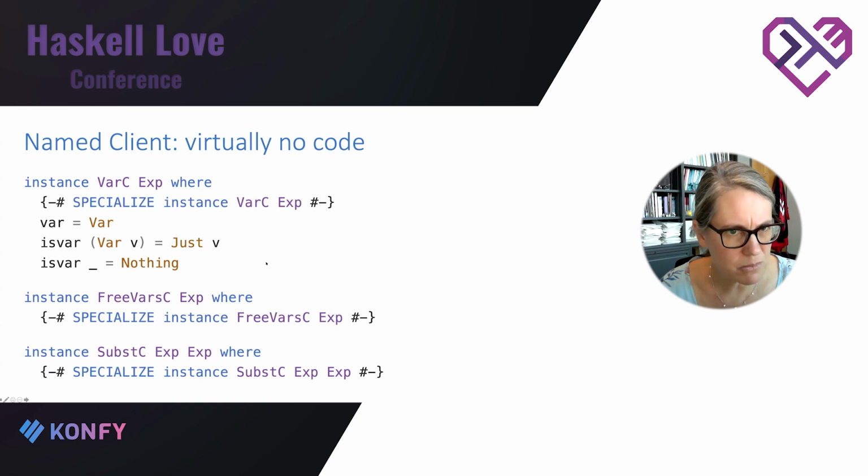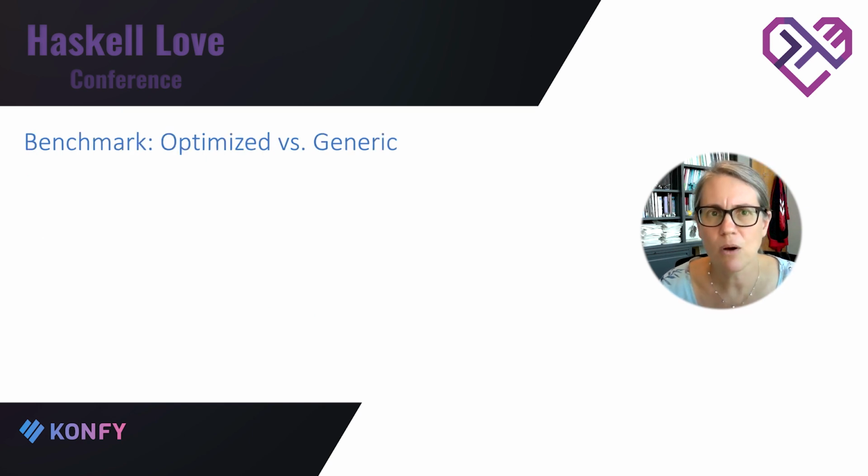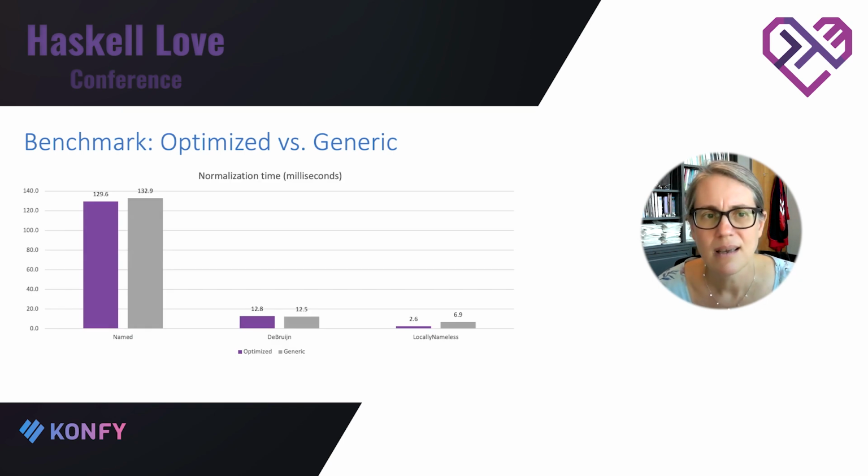Now, for full disclosure, when I'm benchmarking it, I'm putting in some GHC pragmas to make sure that we have the full benefit of the optimizer. But the upshot is, even though we have factored all the complexity into a library, when we look at the benchmarks where we compare the optimized version against one where we've split things up into two modules, the generic library and the specific derived implementations, there's very, very little overhead from the generic programming, right?